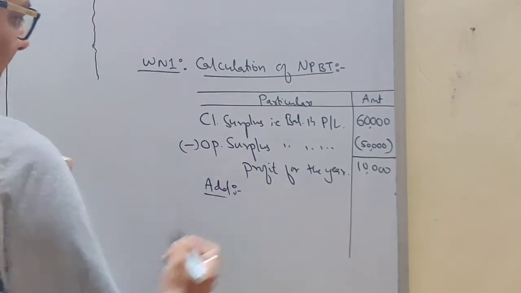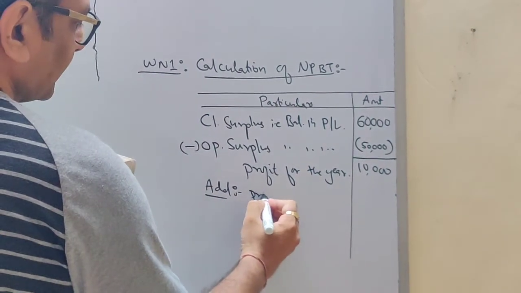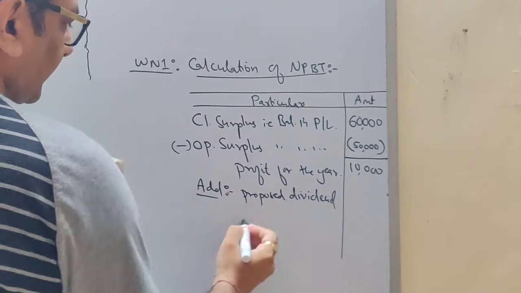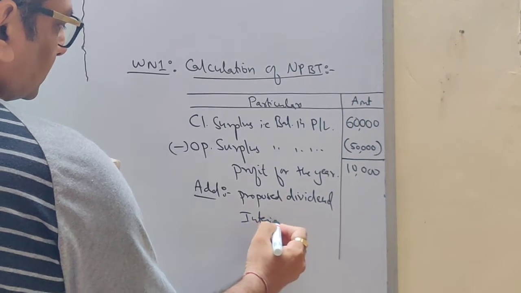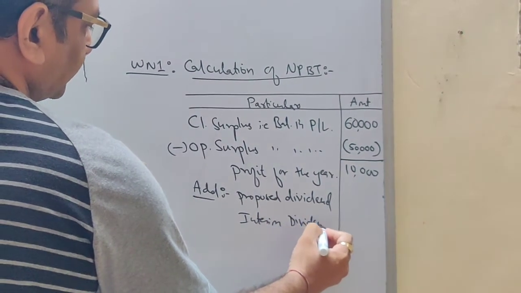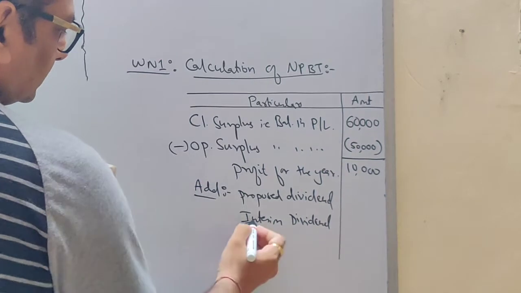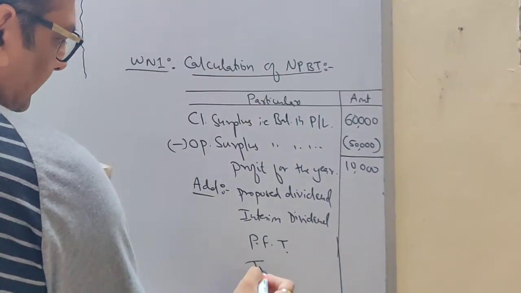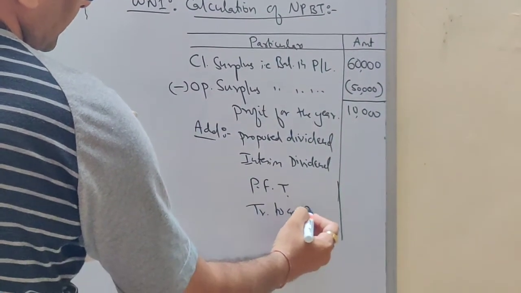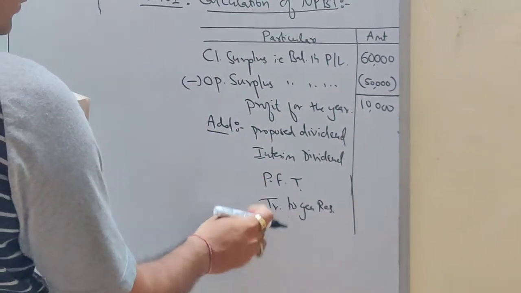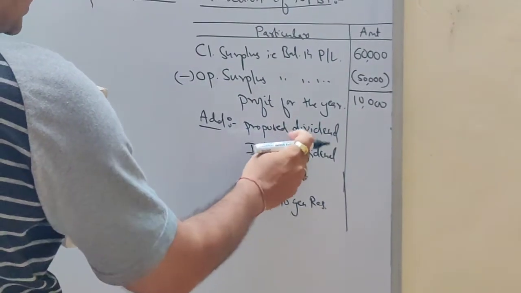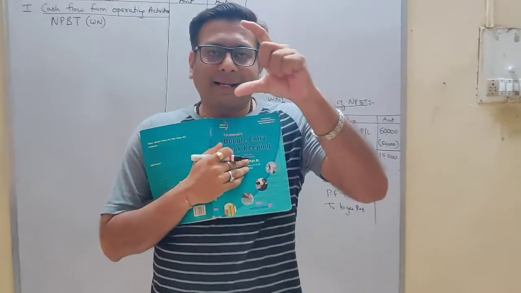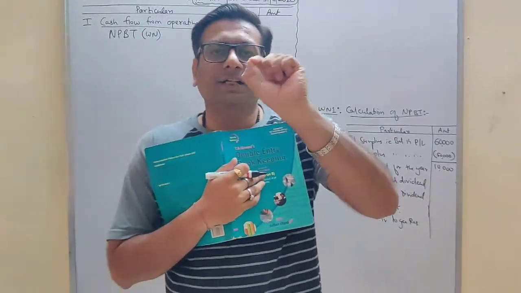Now what we are going to do in this? We are going to add 4 items to this, that is proposed dividend, interim dividend, provision for tax and transfer to general reserve. So we need to find now, one by one, where these things are given in the question. Proposed dividend you will find, students, in the balance sheet under the heading current liability.